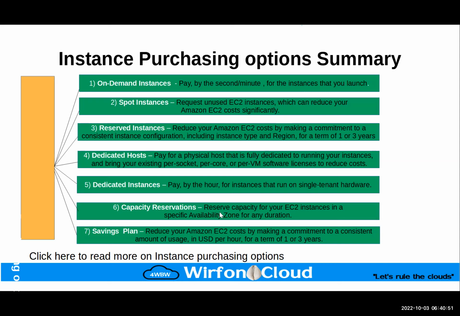You have capacity reservations. You reserve capacity for your EC2 instance in a specific availability zone for any duration. And then you have savings plans, which also reduce your cost up to 60%, where you commit for 1 to 3 years to using a certain amount of compute, and it's in US dollars per hour.